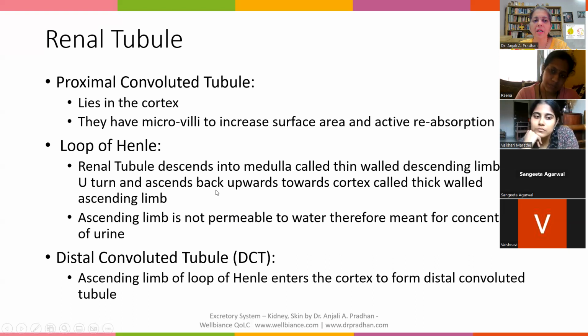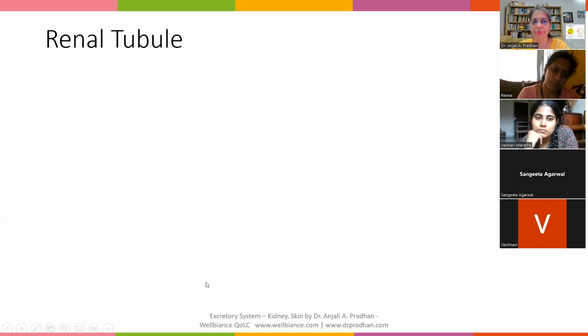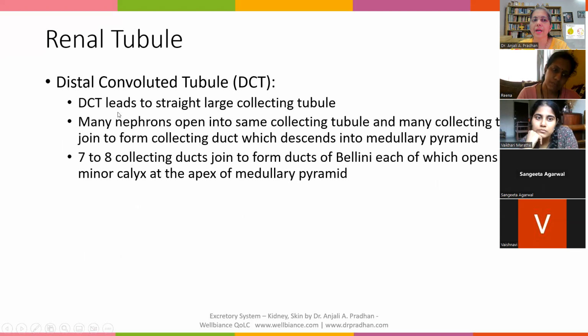Then comes distal convoluted tubule. Ascending loop of Henle enters the cortex to form distal convoluted tubule. Distal convoluted tubule leads to the straight, large collecting tubule.